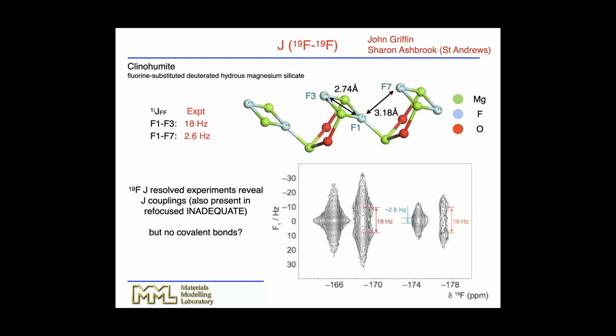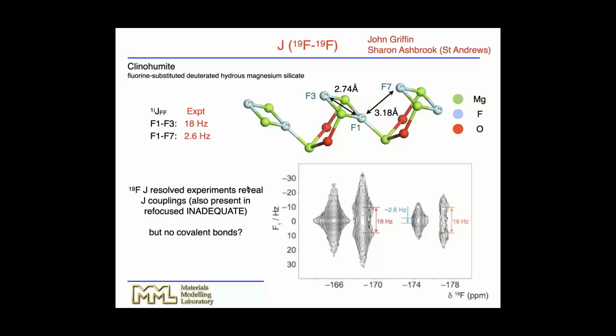This is a deep earth mineral, clinohumite, and she was seeing J couplings between the pale blue atoms here, F1 and F3, while they were relatively close and only 2 bonds apart. But she was also seeing what looked like a J coupling between F1 and F7. In a chemistry sense, these atoms are not bonded at all. They're quite distant from each other, and you'd have to go via a large number of other bonds to get from one atom to another.